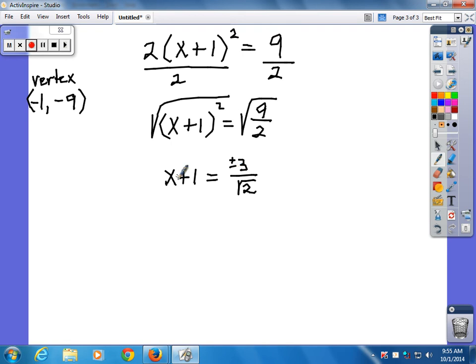Bring this over. X is equal to positive or negative 3 over the square root of 2 minus 1. What do we need to do with that radical?